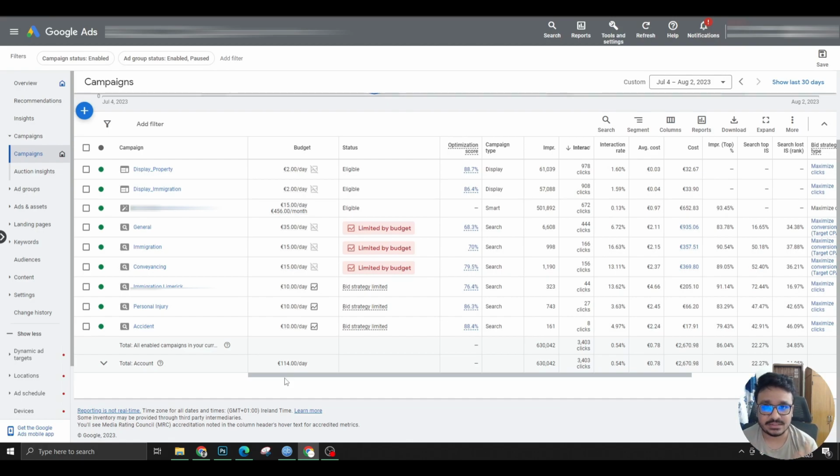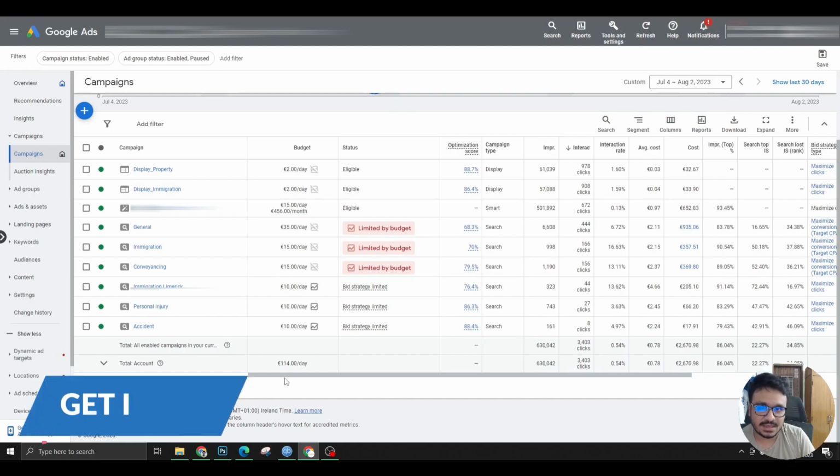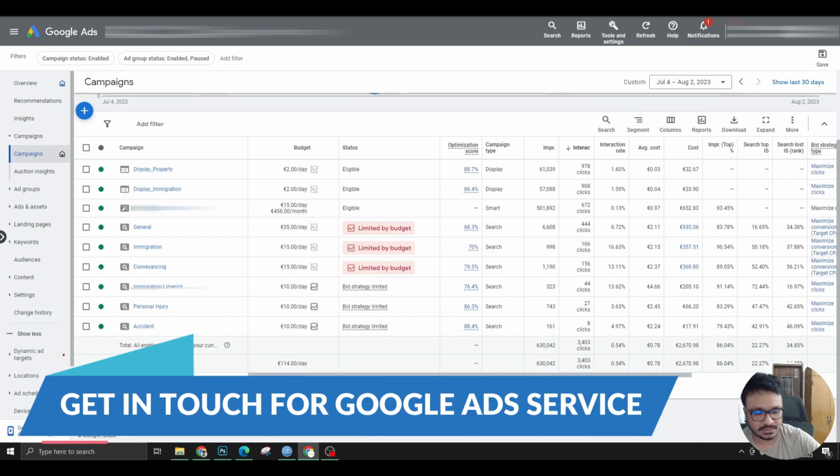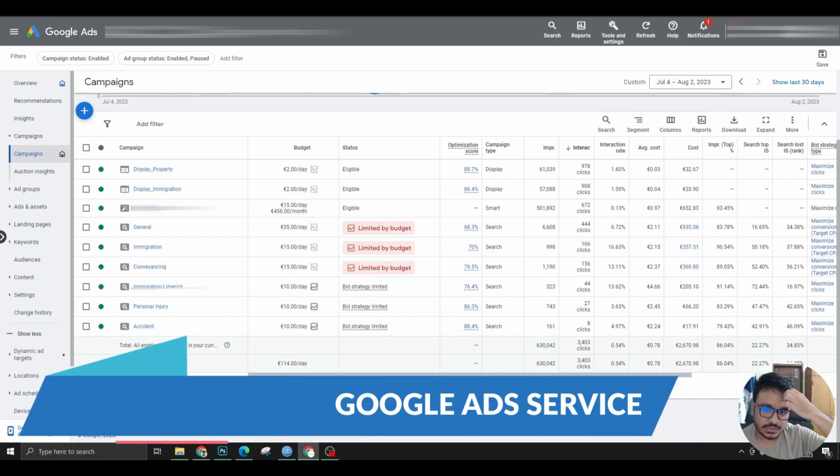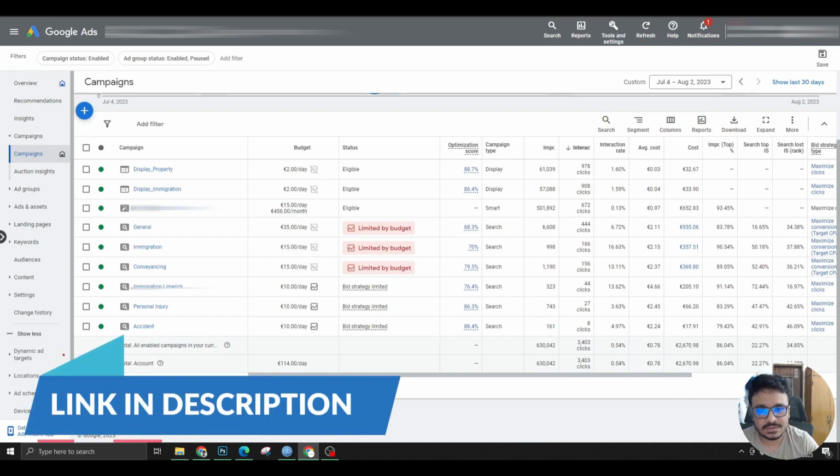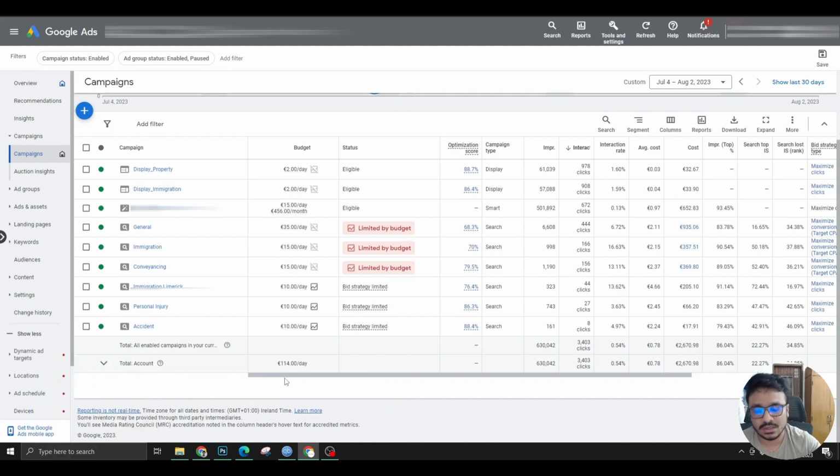So this gets easier. You don't have to spend months optimizing the campaign and taking it to the best level. You just spend 2 or 3 months to well optimize the campaign and run it on autopilot. So that's all I want to show you, why we actually break down the campaigns.